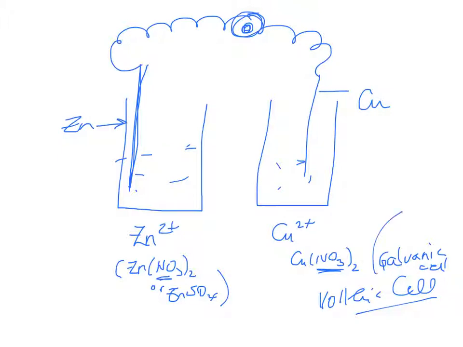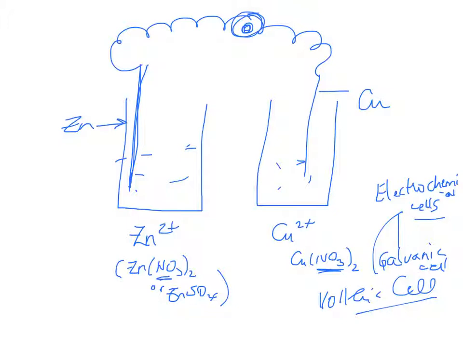Together they constitute what are called electrochemical cells. Electrochemical means that the chemical energy within the chemical reactions is going to get converted into the energy of electrons, or electrical energy, which is utilized to do some electrical work.